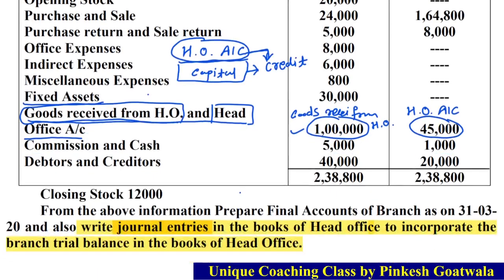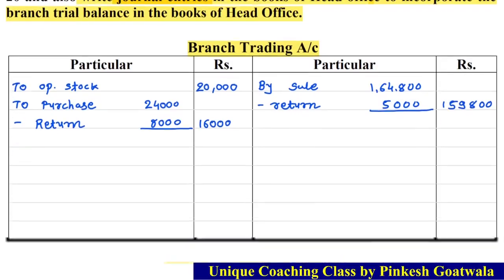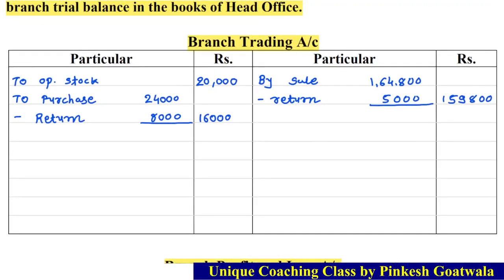This entry will be given where, I told in a previous video: transfer to branch trading account. Goods received from head office, I told you which type of branch it is, an independent branch, and an independent branch can purchase goods himself and also receive goods from head office.